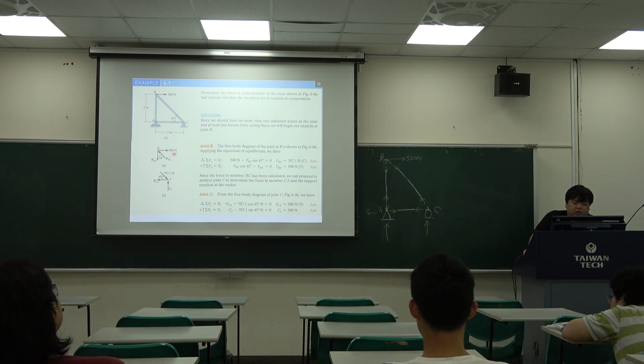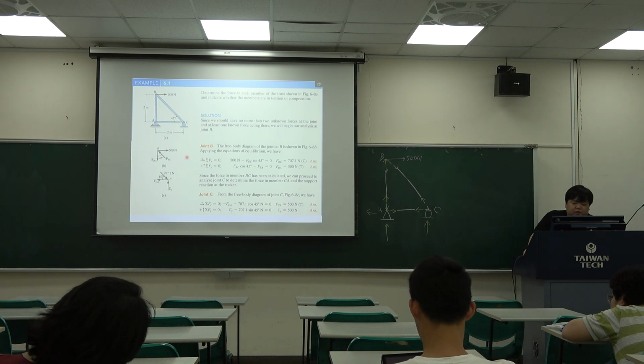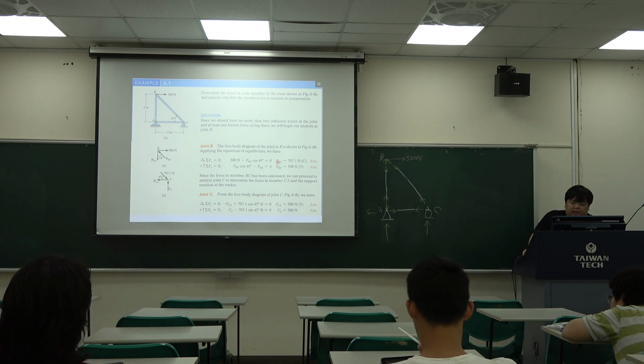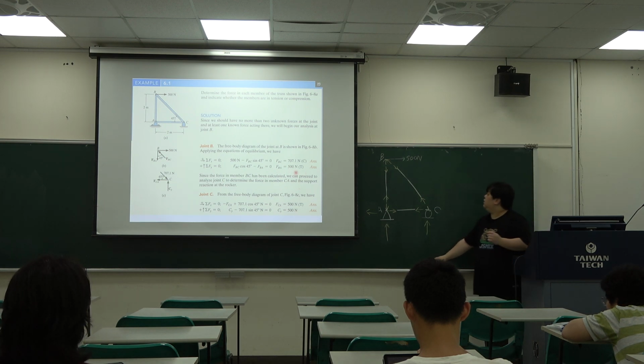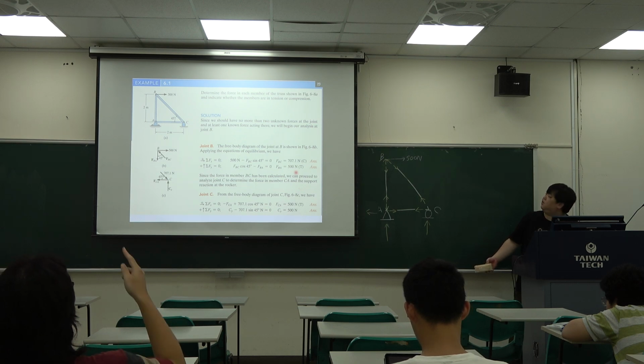So we can use the summation Fx equals 0 first, with this equation, then we can get the FBC answer. And we can also do the summation Fy equals 0, then we can get the FBA answer like this.